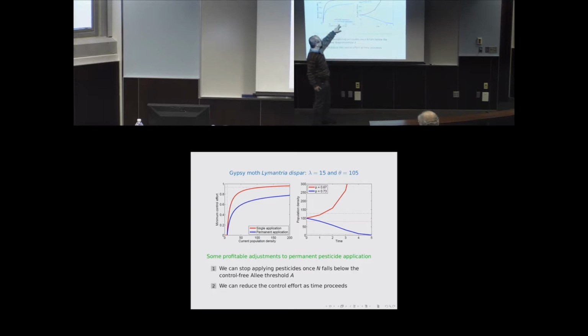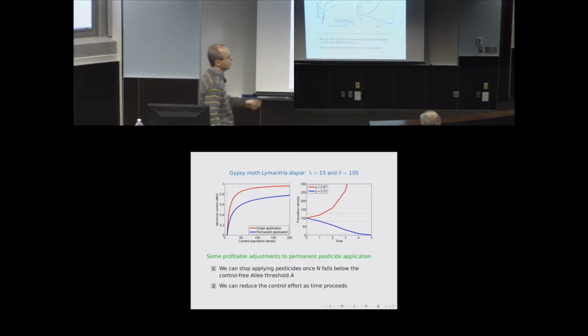The blue curve uses p above the blue curve here, and the red curve uses p below the blue curve here, so that we have two p's above and below the blue curve. We see that above it the population goes extinct, and below the blue curve the population grows in a geometric sense.